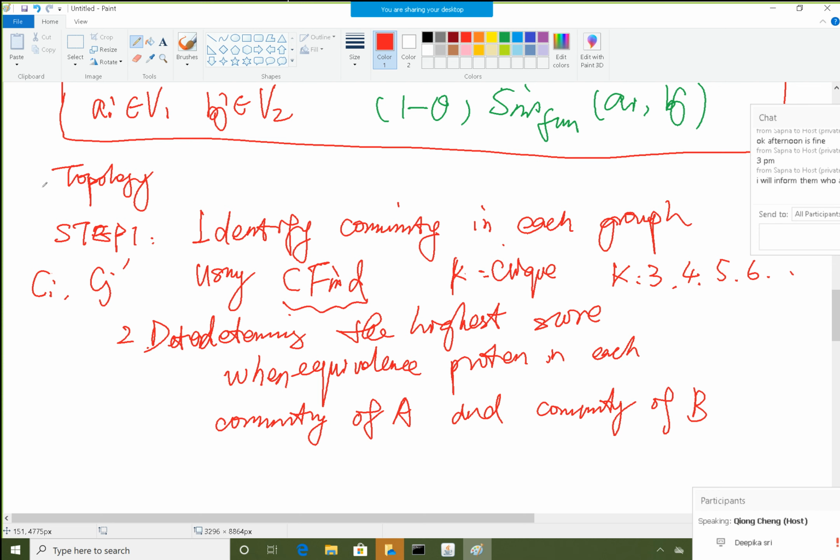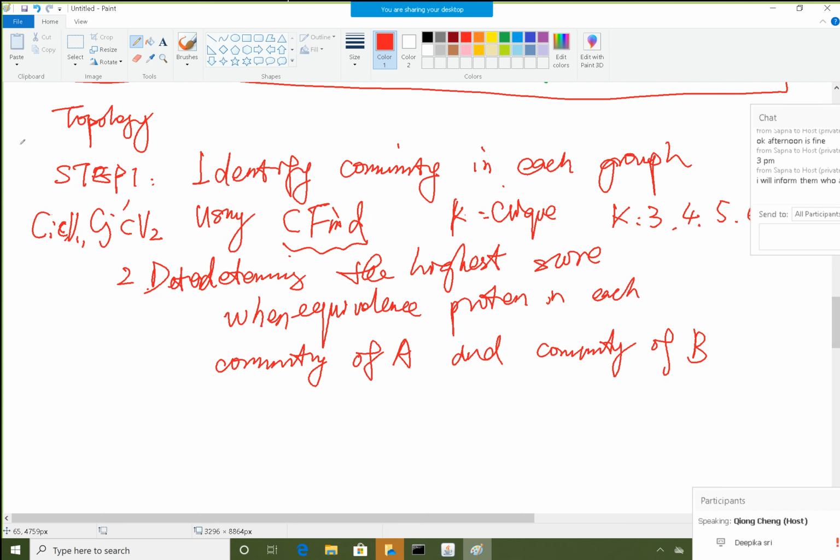So this CI is a subset of V1, and this one is a subset of V2, right? Can you see? And this is the previous step. Use this tool. I'll write it down here, right? So they want to find the community by using this tool.